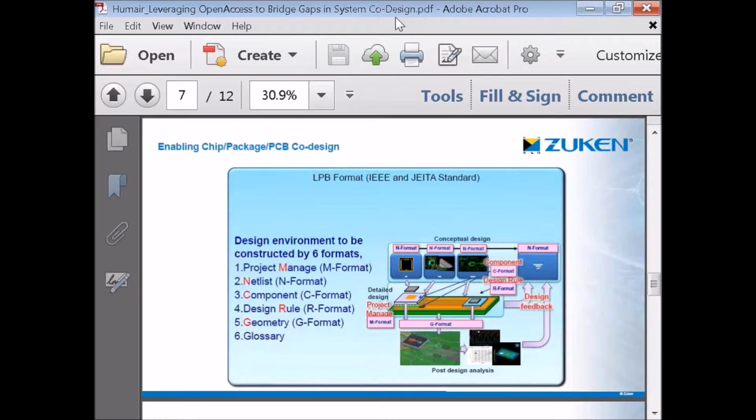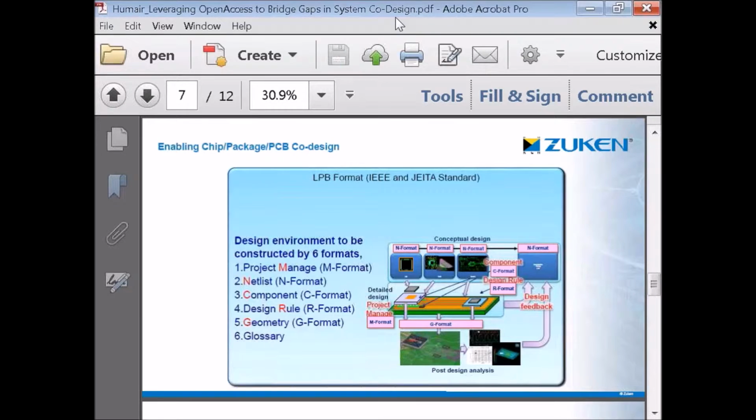So as part of this, we also looked at how we manage the data from a data exchange standpoint. So we have open access, which I'll talk about how we embed, but also when we talk about passing a lighter data model for co-design, now that you have a system, because we're leveraging open access for more of that chip level resolution, but now you have a whole system in place.